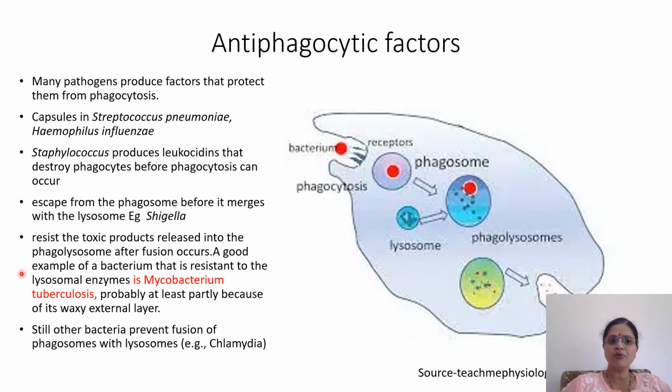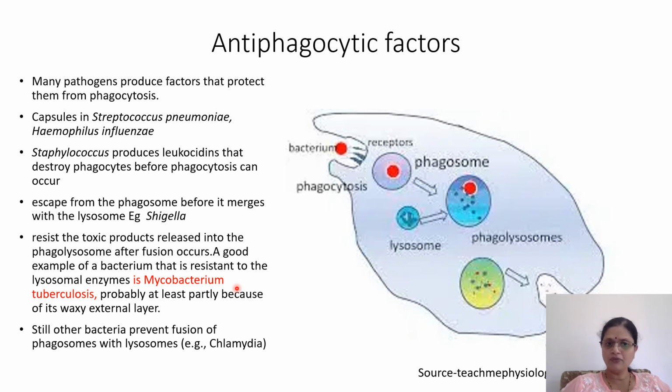The fourth most important way is, some of the organisms, some pathogens, they will resist the toxic products released into the phagolysosome after fusion occurs. That means, ಕೆಲವೊಂದು pathogen phagolysosome alli idru kuda, digestive enzymes idru kuda, they will not be digested by the digestive enzymes. How? Their cell wall will be so strong, it will be so highly protected, so that even the digestive enzymes cannot attack them. For example, Mycobacterium tuberculosis.